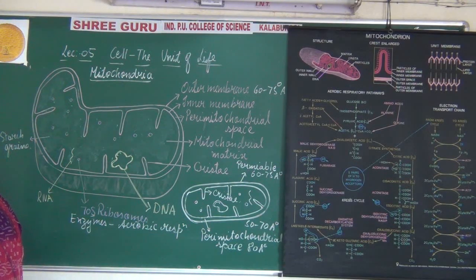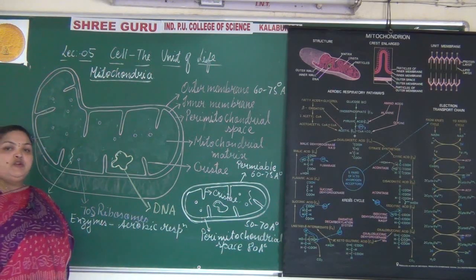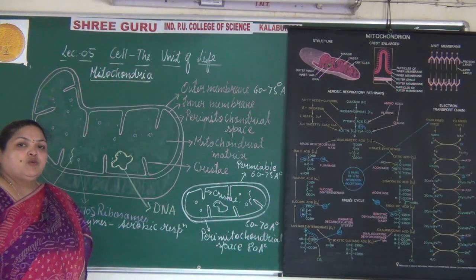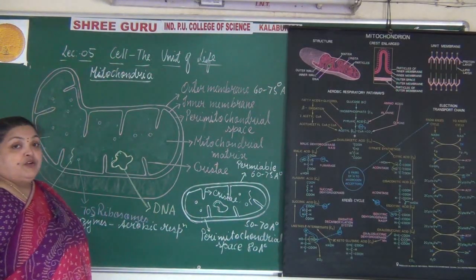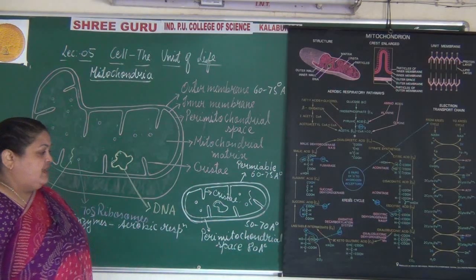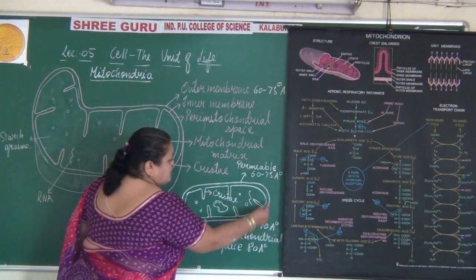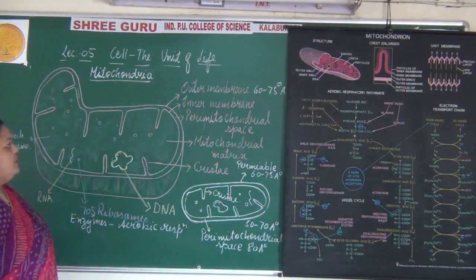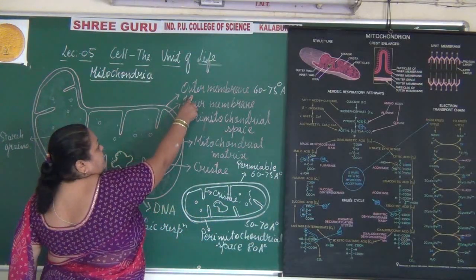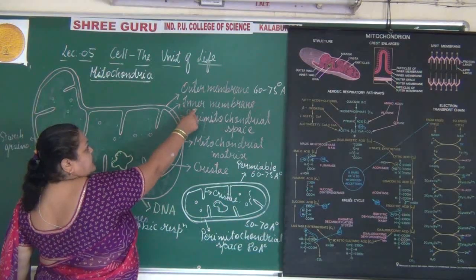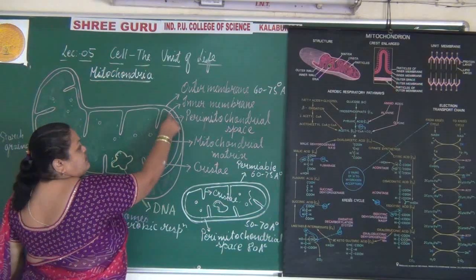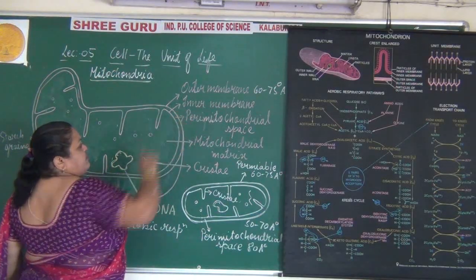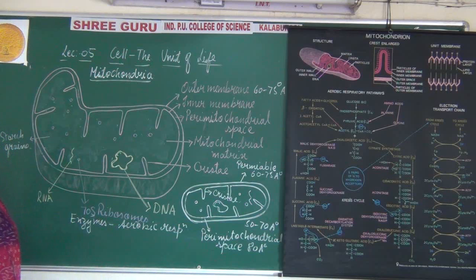Once again, the structure. Mitochondria were observed by Rudolf Kolliker but named by Carl Benda. He called them mitochondria because they appear like thread-like granules, sausage in shape. It has an outer membrane which is permeable, an inner membrane which is selectively permeable, and the space between them is the perimitochondrial space.